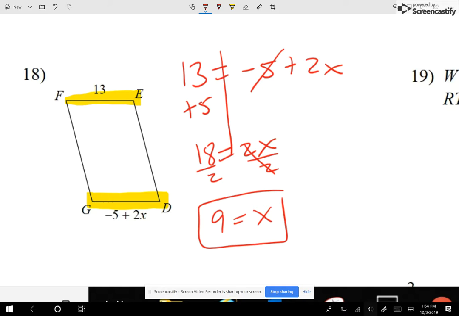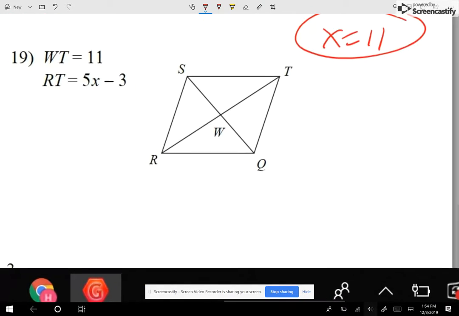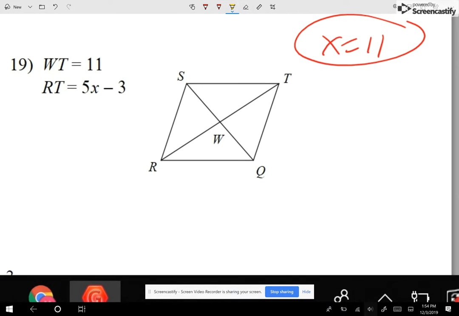Now, lastly, let's take a look at number 19. One way we can actually work this, look at the equation where x is. So I'm looking at RT equals 5x minus 3. Try to find out how big is RT. RT is the entire thing here. We know WT is equal to 11. So this much is 11. That means that RW is also 11.